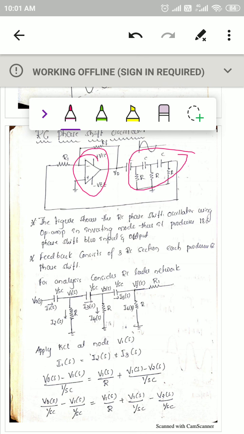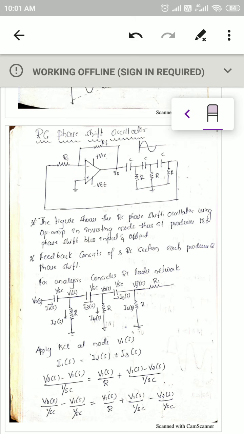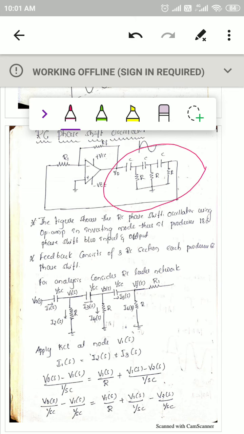Now we have to calculate the forward path gain and the feedback path gain, whose product should be 1. For simplicity of operations, this R and C ladder network I have redrawn like this, and the capacitance value I have indicated as 1 divided by SC.